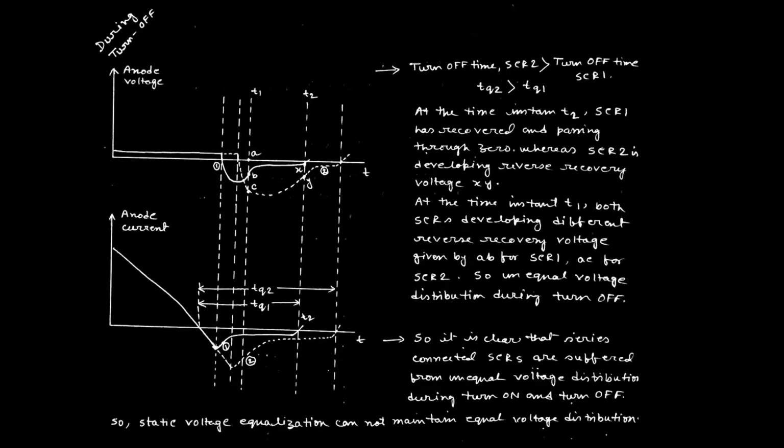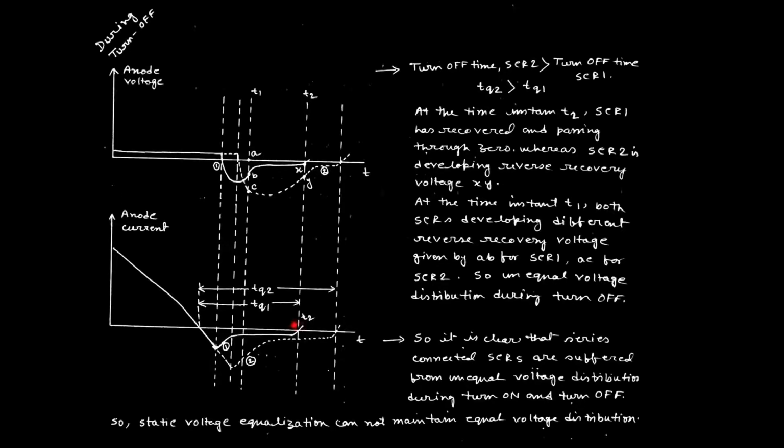Thyristor T2 is still in the working state, so it will turn off at the point T2. So the turn off time for the first SCR is TQ1 and for the second SCR is TQ2.